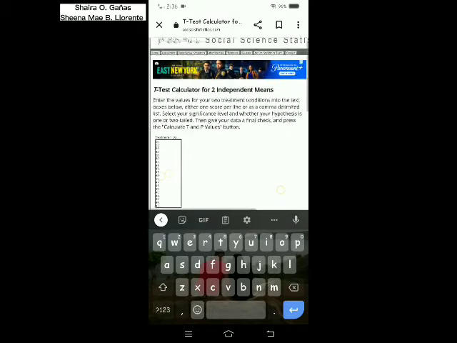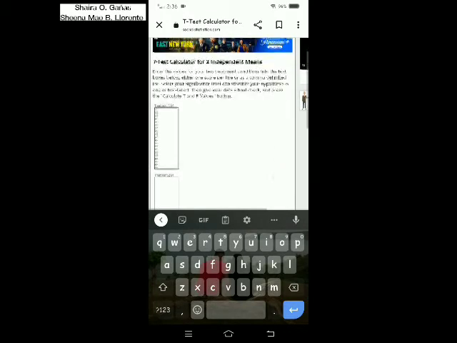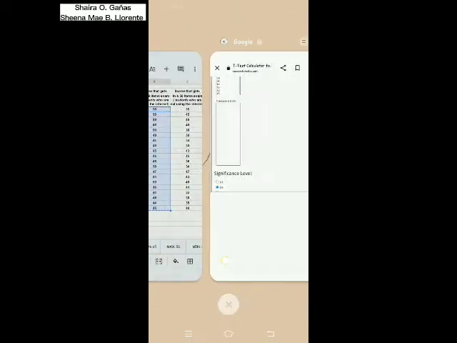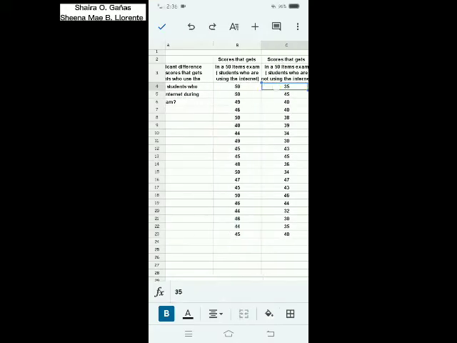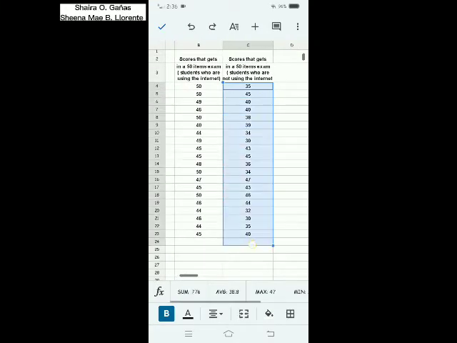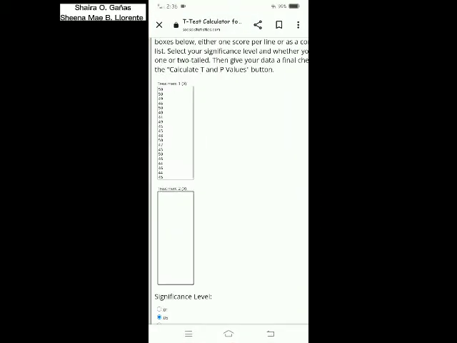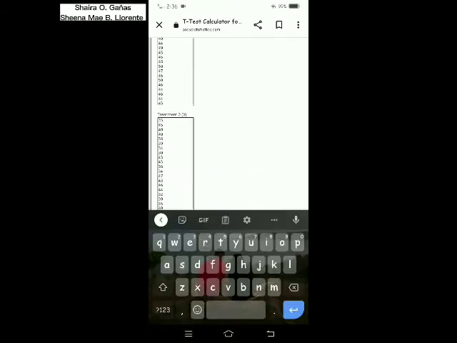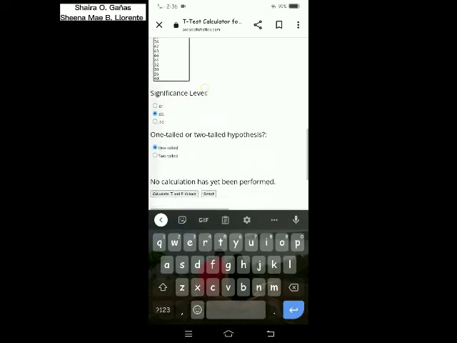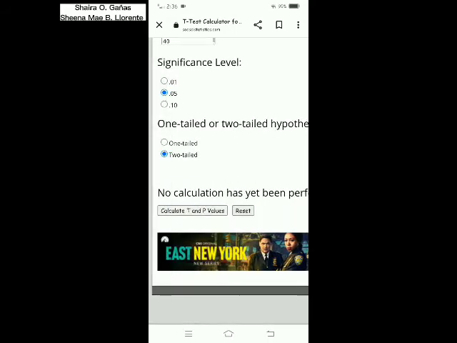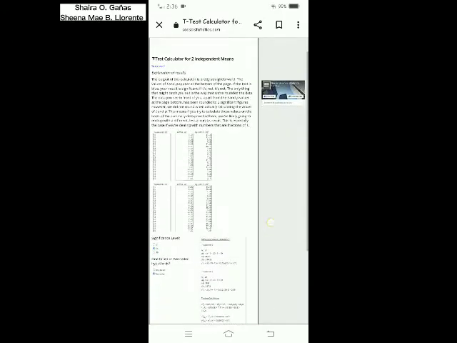The next, copy the second data samples. Then paste it on the treatment 2. So this is one-tailed, so change it to two-tailed. Then calculate the t and the p values. So this is the results.